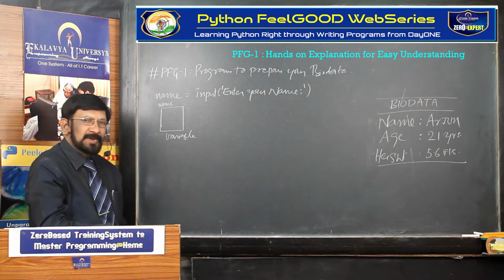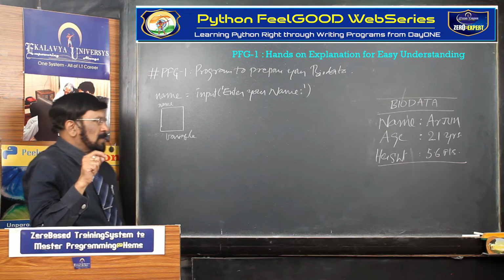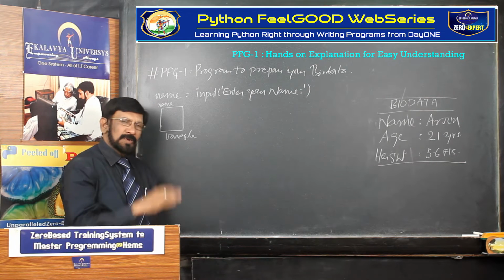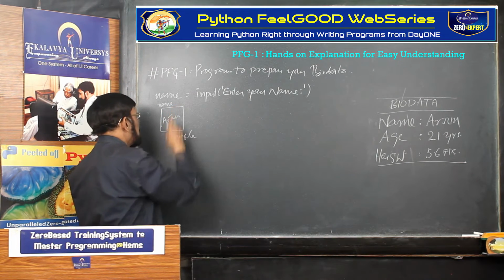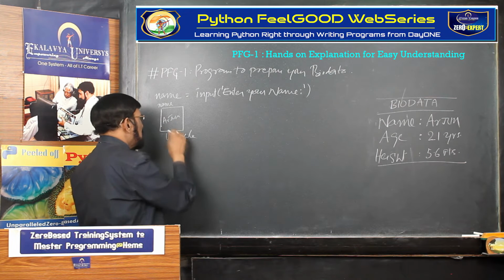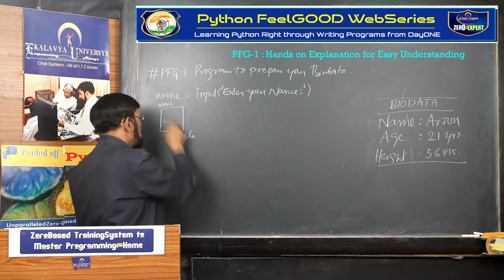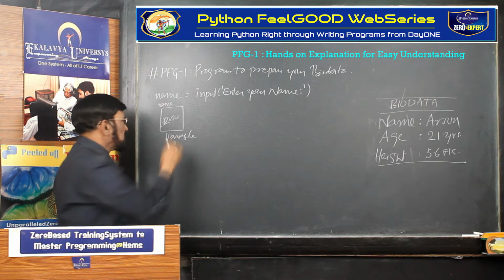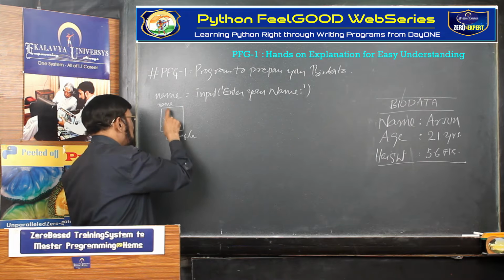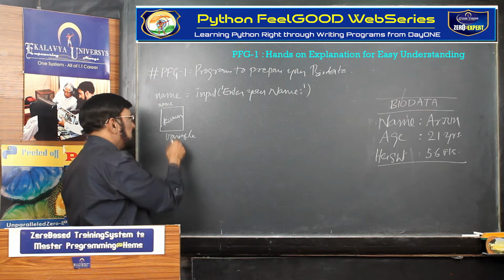Okay, why is it called variable? Suppose one time you entered your name as Arjun. So Arjun is stored here. After that, Raju may enter his name, same program. Then Arjun is replaced and Raju comes. After Raju, Kumar may enter his name.